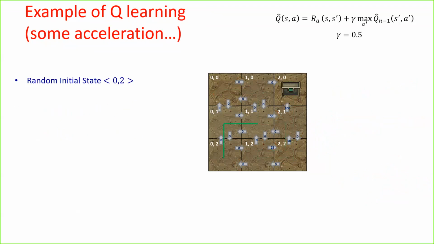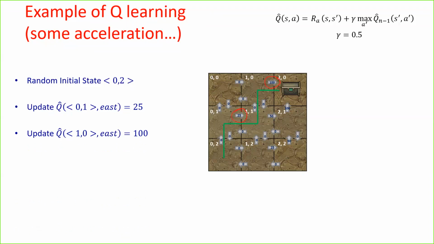So this is another random initial state, 0 comma 2 starting state, and this is the path that the agent is following by taking the random actions. In this process, we have updated this entry as well as 1 comma 0 and east. These two entries we have updated.